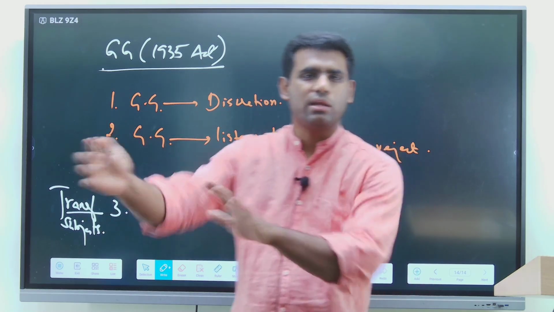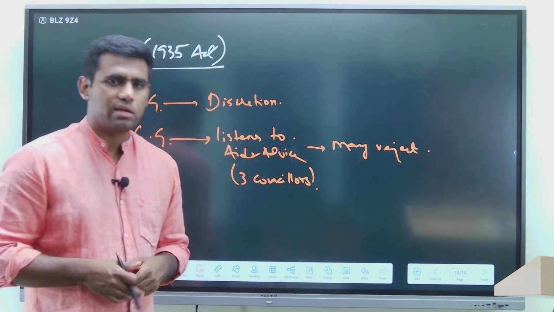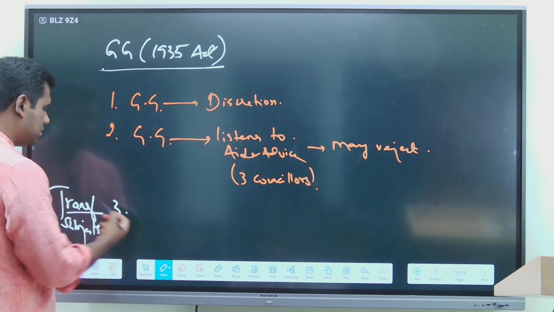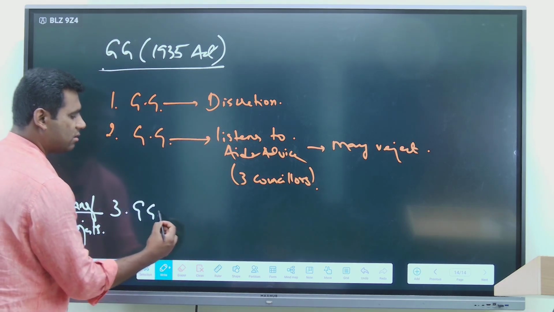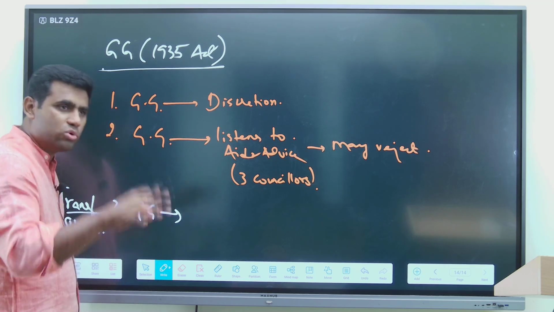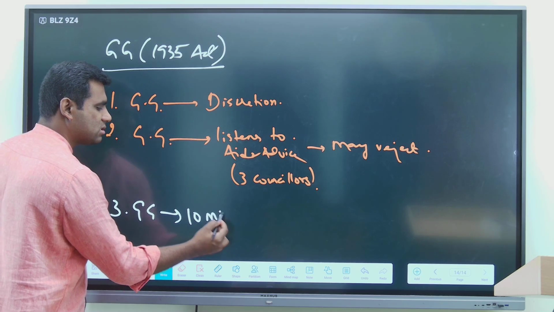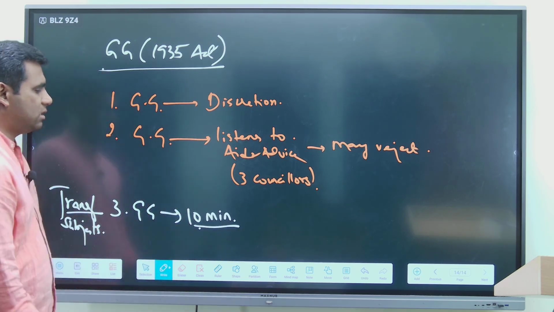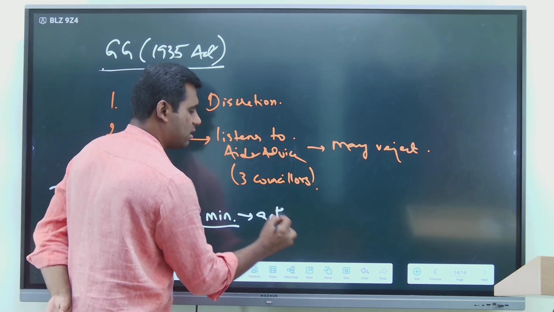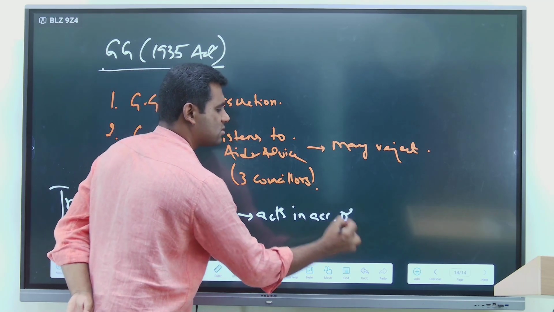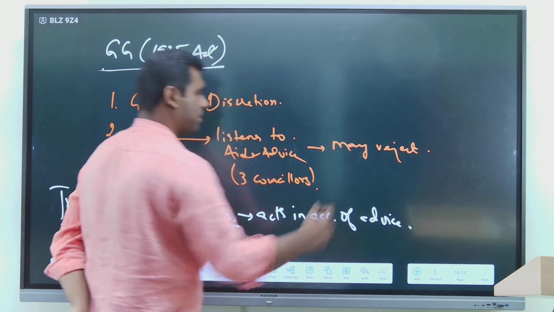It would be transferred to Indian hands. Let Indians manage those departments, right? In this category, the Governor General mostly acts in accordance with the aid and advice of the 10 ministers, right? So he acts in accordance with the advice given.